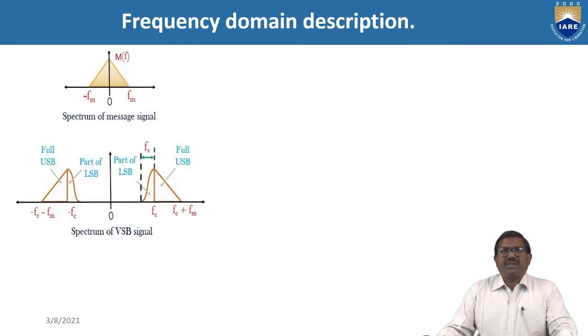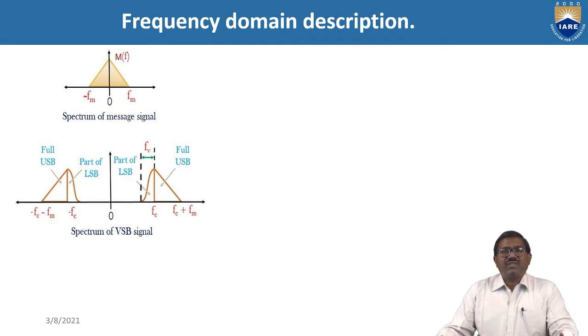So this is the frequency domain description of VSB. The first picture shows the spectrum of the message signal. The message extends from -FM to FM. In the lower picture we give the spectrum of VSB. Here we send one full sideband completely, and another one is only a part of the sideband, that is the vestige part, as shown in this spectrum.